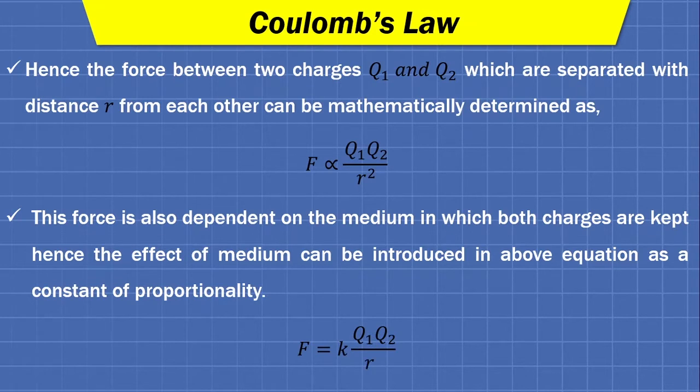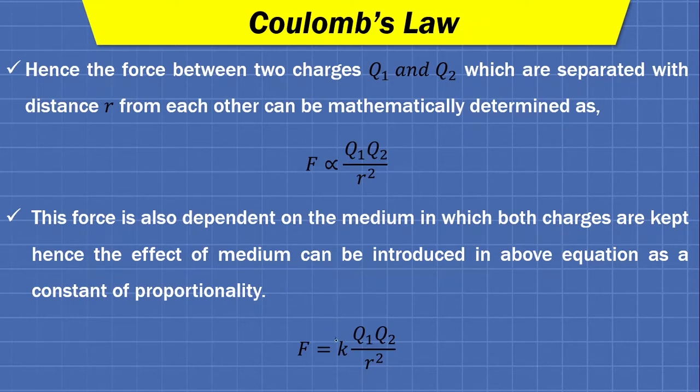And this force is also dependent on the medium in which both charges are kept. Hence, the effect of the medium can be introduced in this equation as a constant of proportionality. So if we want to remove this sign of proportionality and put an equal sign, then we must introduce some constant of proportionality.